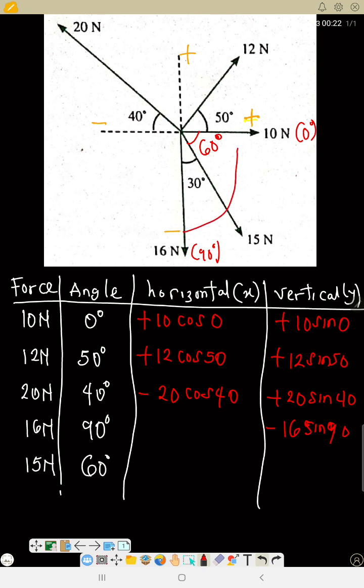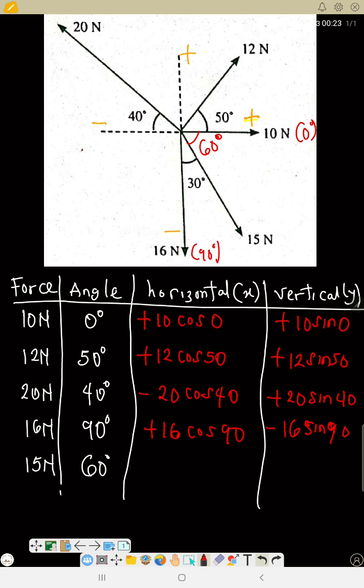For the horizontal, remember we are going anti-clockwise, so horizontal is plus: plus 16 cos 90.